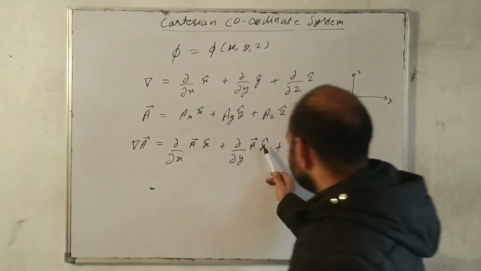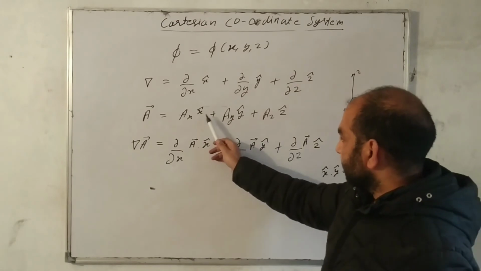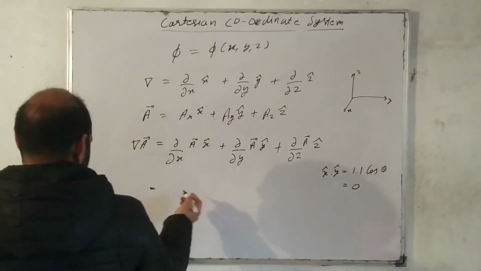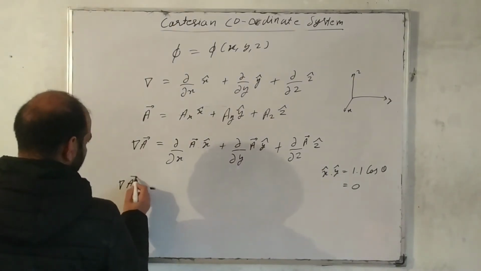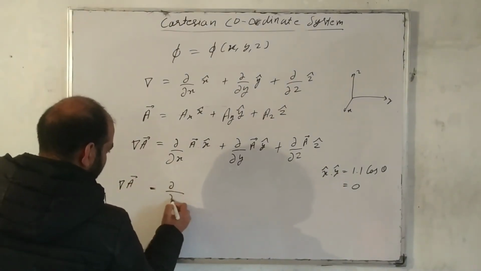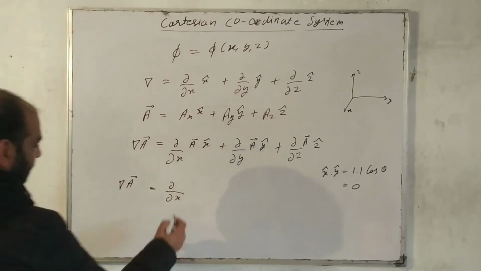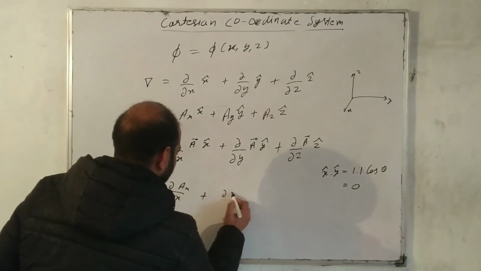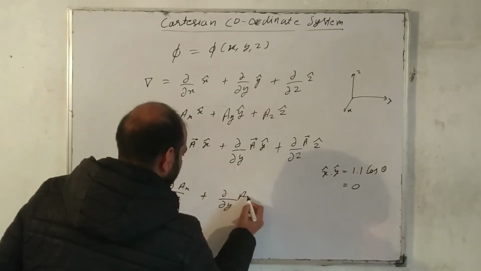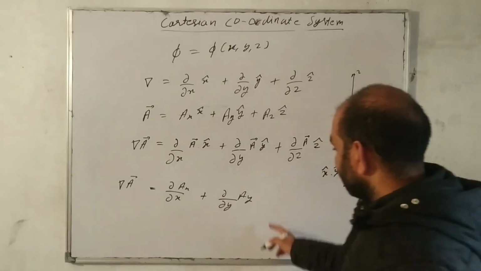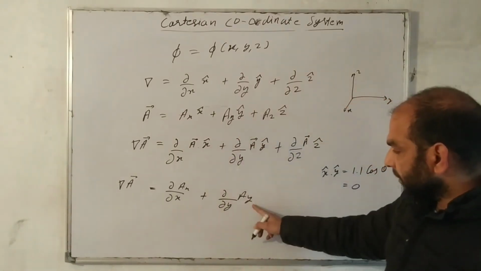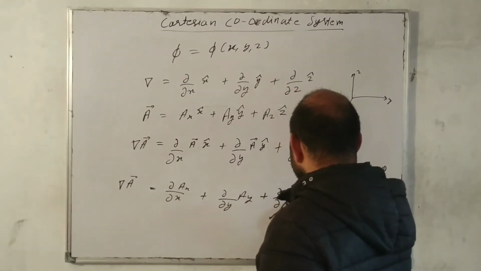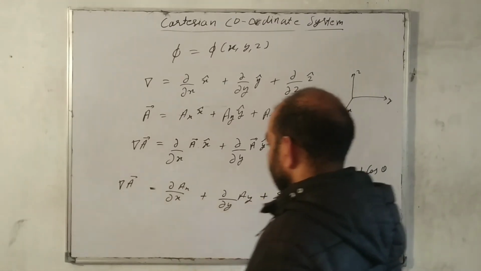In this case y dot x will become 0, y dot z will become 0, and y dot y will become 1. So this equation will reduce to ∂/∂x Ax plus ∂/∂y Ay, because here only the y component will be left and the other components will become 0, plus ∂/∂z Az.